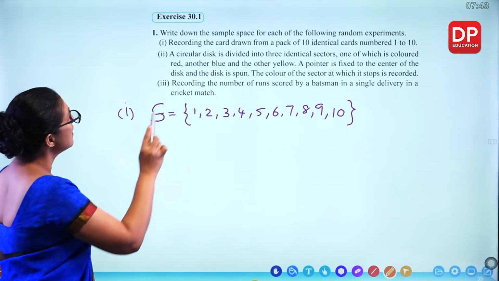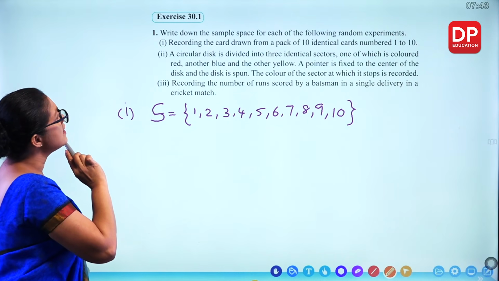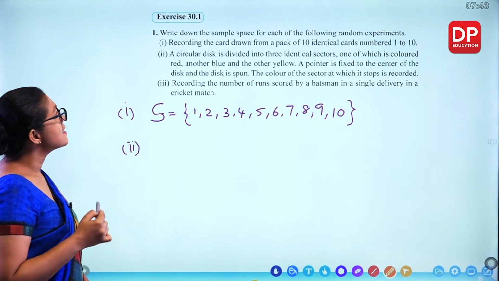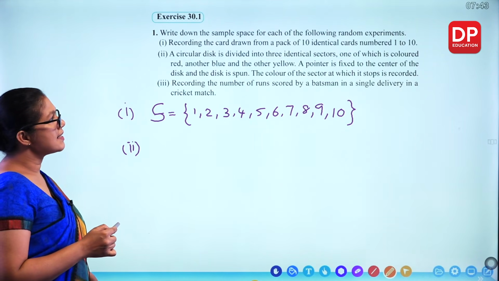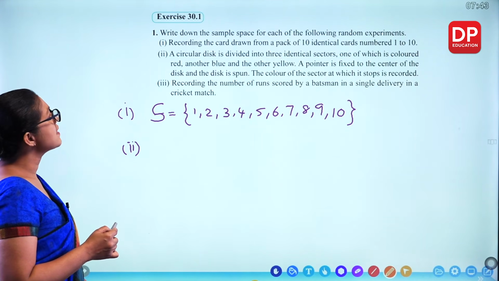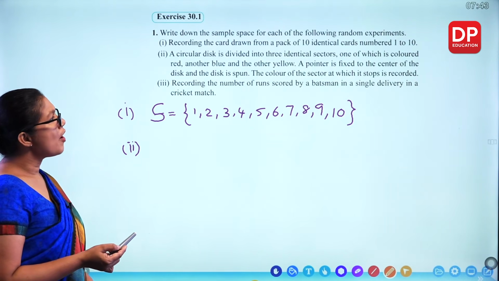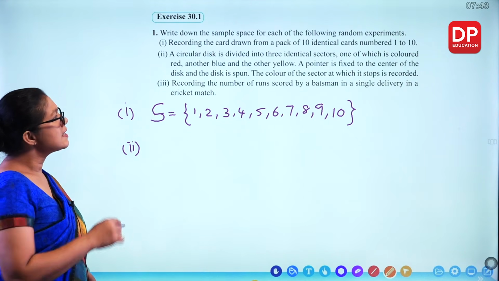And it says a circular disc. Second one is another example. A circular disc is divided into 3 identical sectors, one of which is colored red, another blue and the other yellow. A pointer is fixed to the center of the disc and the disc is spun.